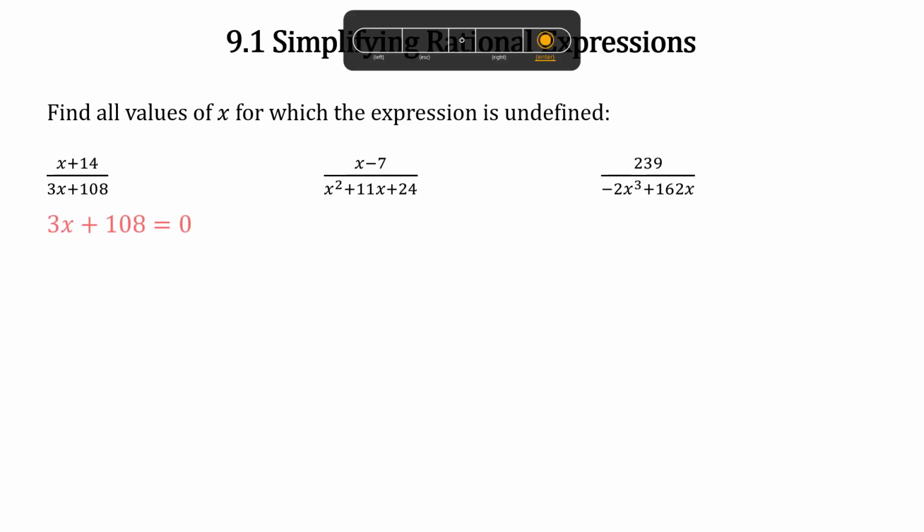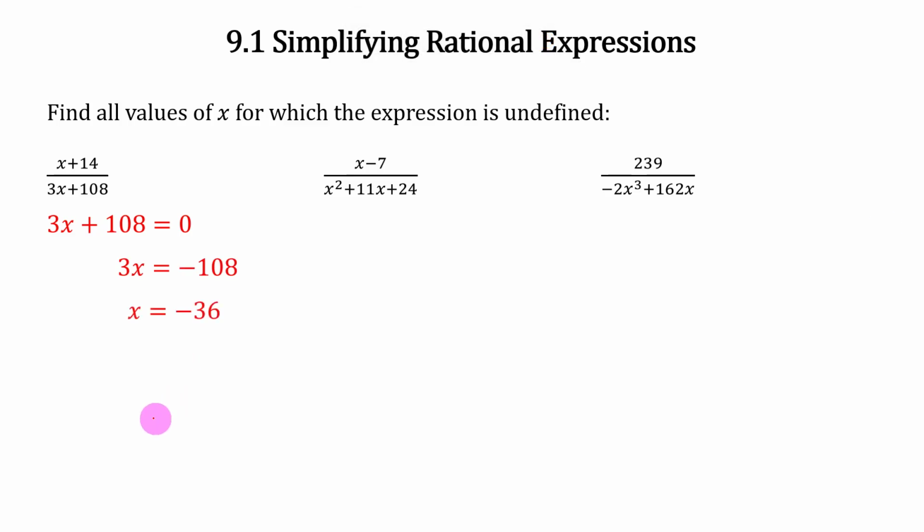Okay. This one you can factor out a 3. It won't really matter, but you're just going to subtract 108 and divide by 3, so x can't be -36. If you had factored out 3 first, then I could have just divided both sides by 3 and would have gotten x plus 36 and got x is -36.